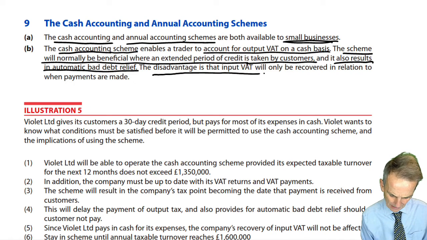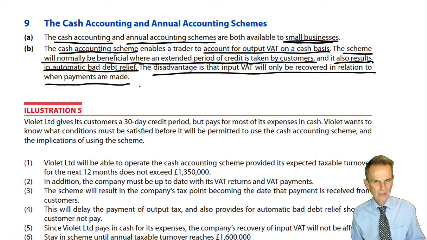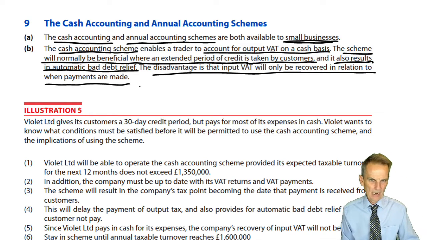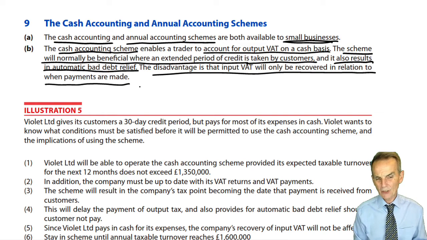Disadvantage, of course, is that input VAT will only be recovered in relation to when payments are made. So again, we're only going to get the relief in relation to our purchases, our expenses incurred, when we actually make the payment. So if we ourselves delay payment, then it's no longer the tax point when the invoice came in, when we were invoiced for that purchase, it's when we pay it.